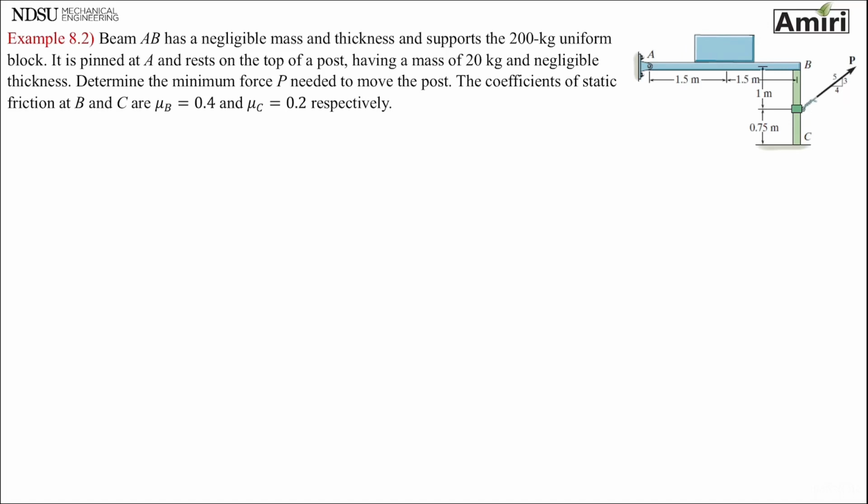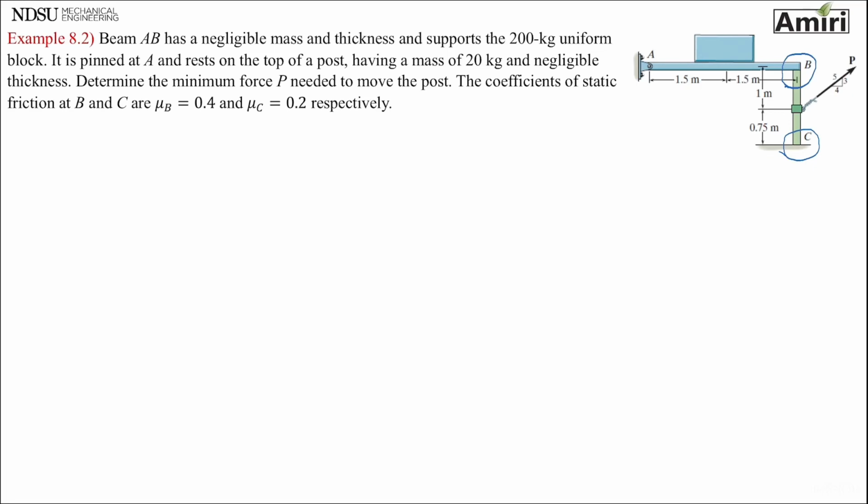Okay, so let's see. If we start pulling at point P, there are 2 points. This is one of them, this is the other one. But from the problem, I cannot figure out which one is going to move first, or if they are going to move together.